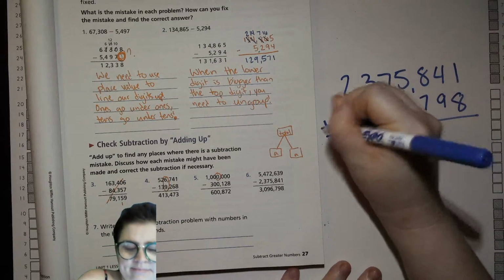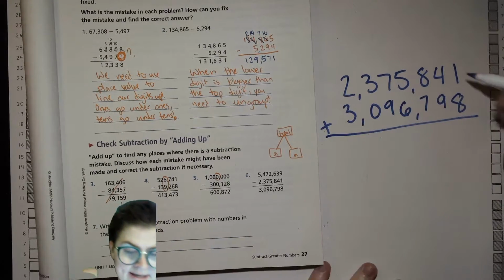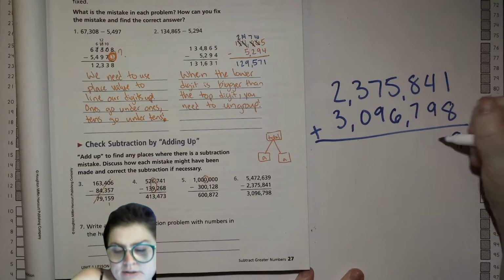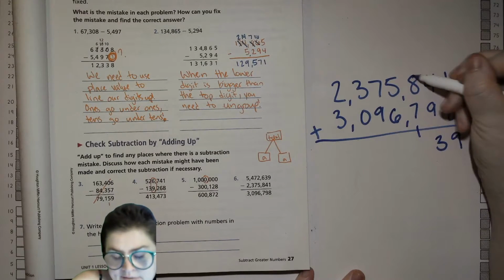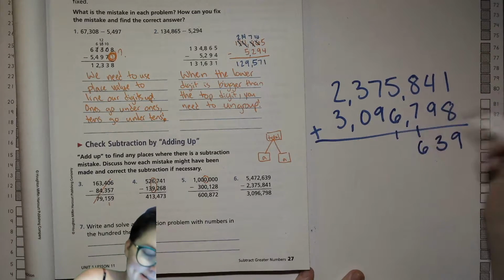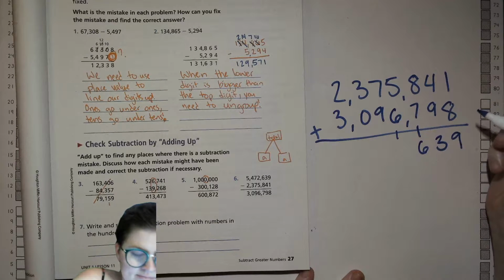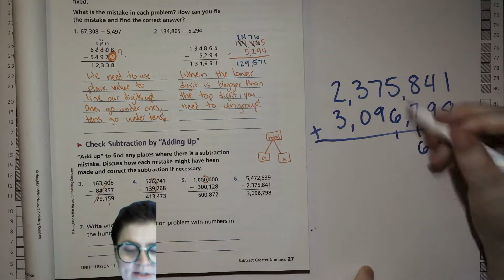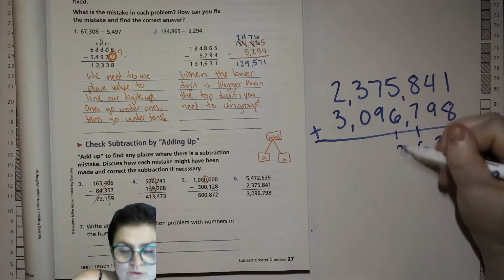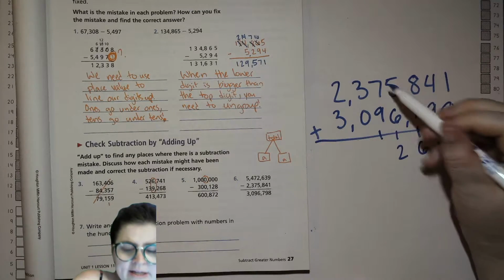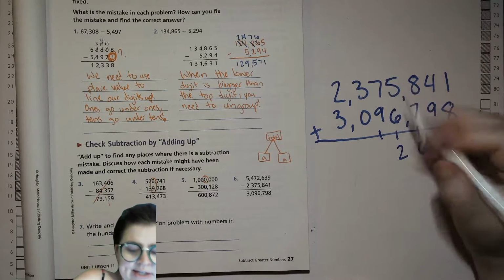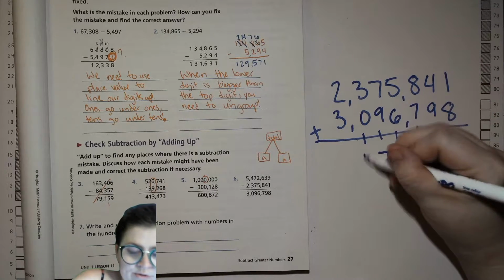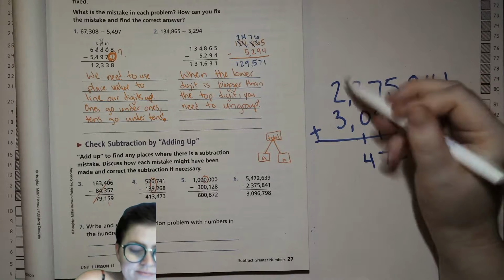Okay. So 8 plus 1 is 9. 9, 13. 8 plus. Okay. 5 plus 1. 5 plus 6 is 12. 9 plus 3 plus 9. 2 plus.